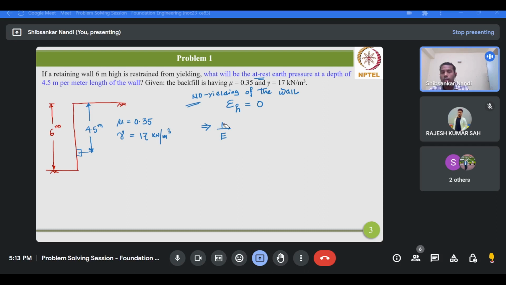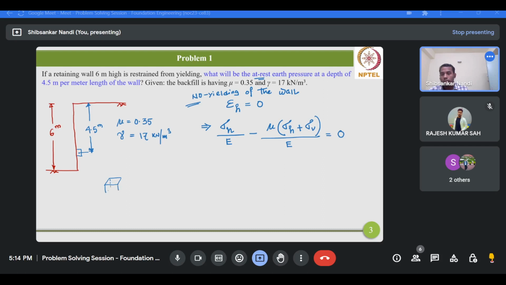It's simply this: sigma h, the horizontal stress, divided by the elasticity modulus E, minus mu times sigma h plus sigma v divided by E, equated to 0.